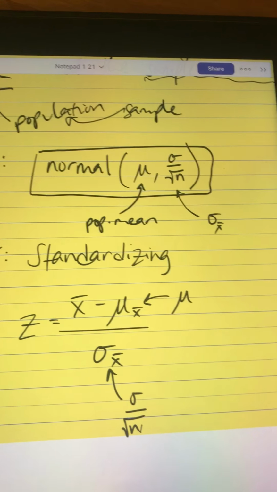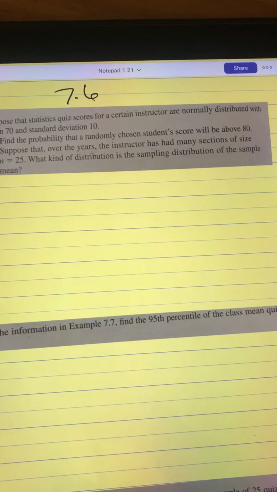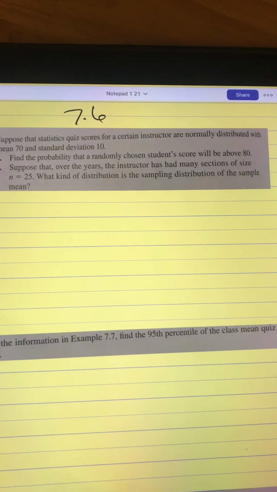Okay, let's look at this example here. If you're following along in the book, this is example 7.6. So suppose that statistics quiz scores for a certain instructor are normally distributed. As soon as you see that, underline it, normally distributed, with a mean of 70 and a standard deviation of 10.